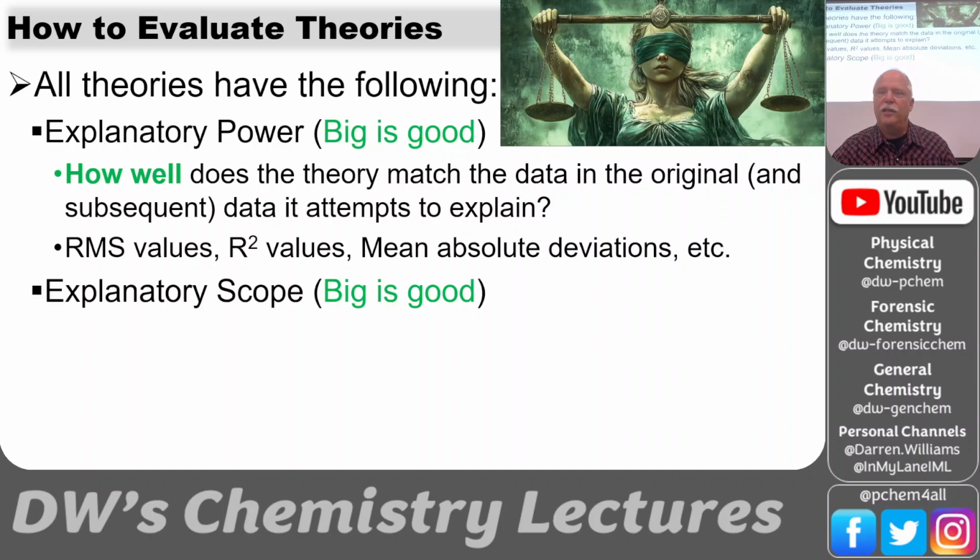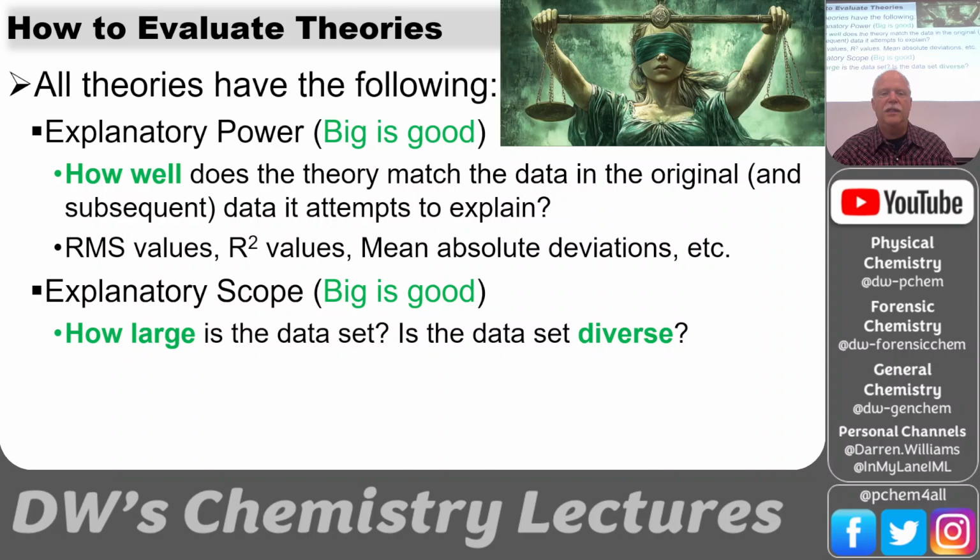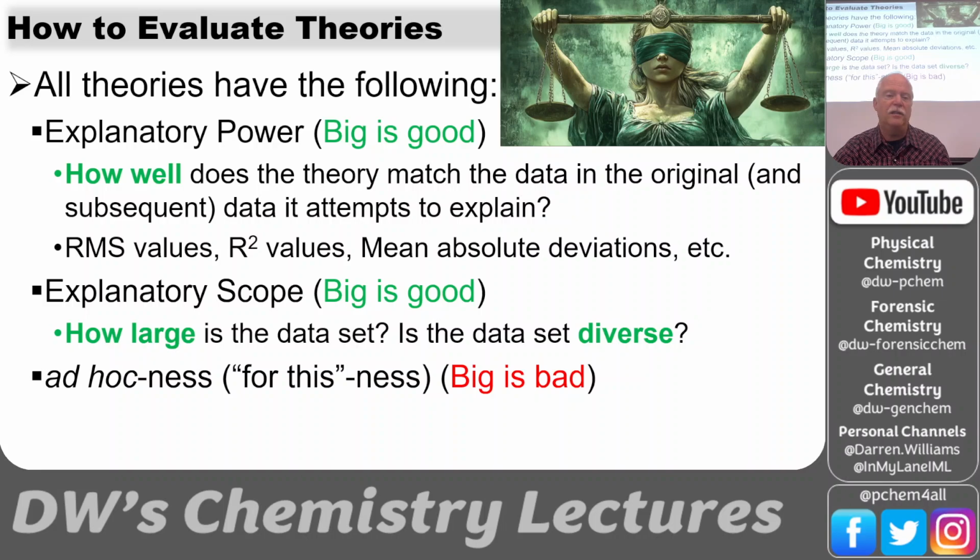And then explanatory scope. This is how large and diverse the data set is. So if your theory can explain IR and UV-vis, that's a bigger scope than if your model can only explain IR. And then ad hocness. We want less ad hocness. If we have a lot of ad hoc exceptions to our theory, that's a problem. Those are alarm bells that your theory is not complete.